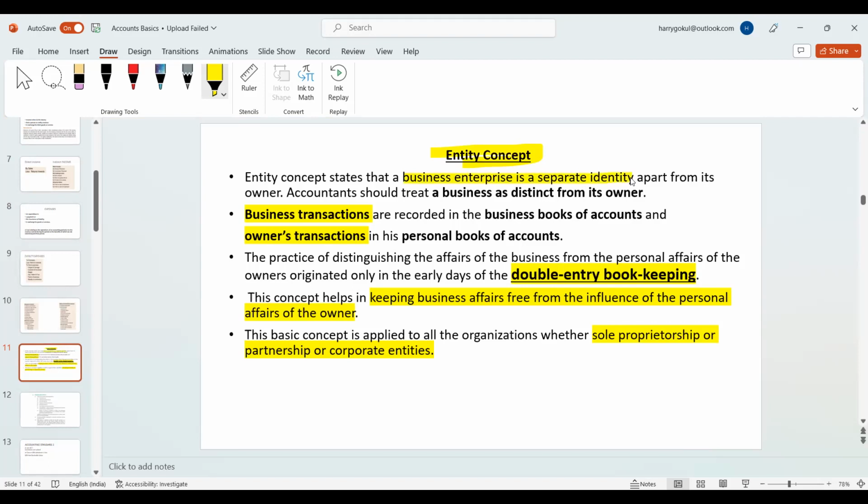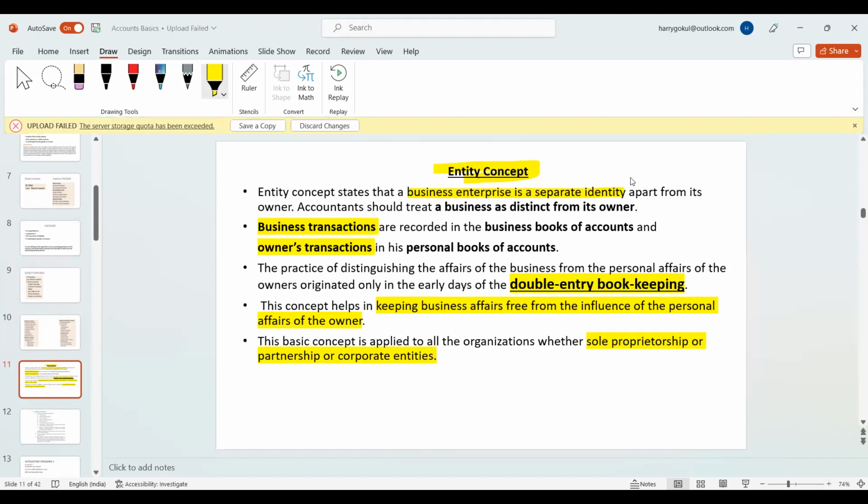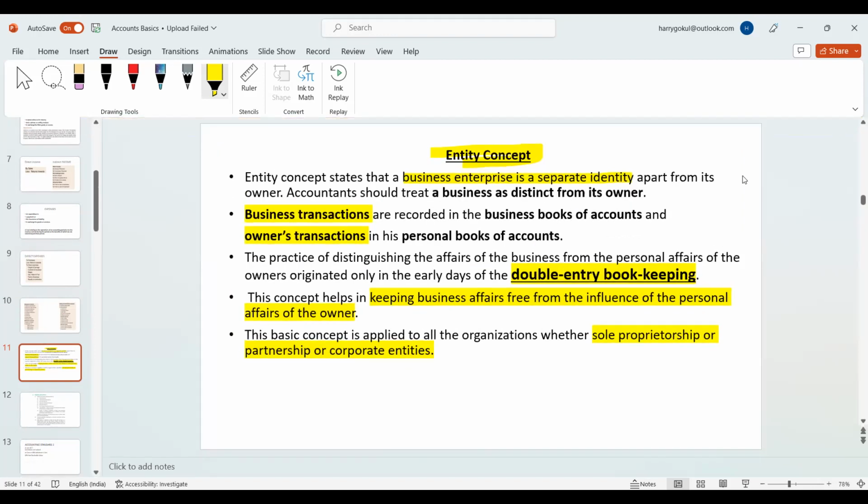That means if I am Hari, the owner of Hari Private Limited or Hari proprietorship, the proprietorship is a distinct person and Hari is a different person, two different persons. That helps us assess the business performance more appropriately.